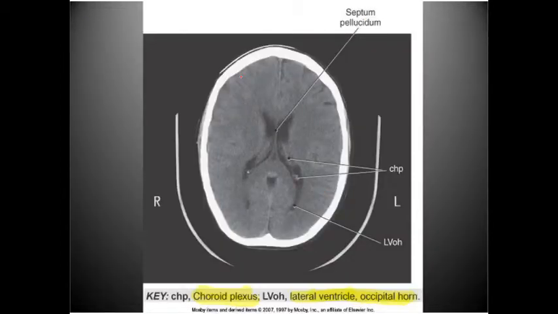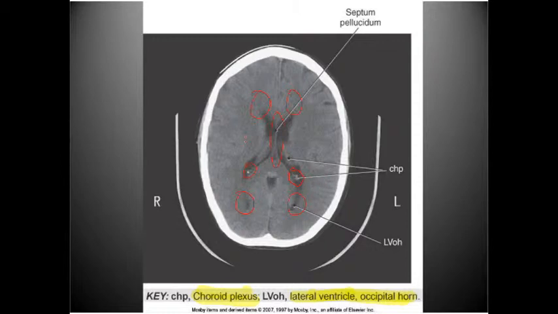Here we are in the lateral ventricle once again. We have the septum pellucidum here. We're coming out of the frontal horn of the lateral ventricle. We're seeing almost the occipital horn here, here, and interestingly enough, we see this structure here, here.